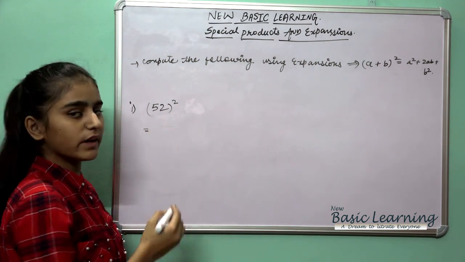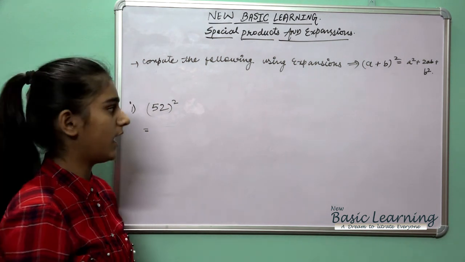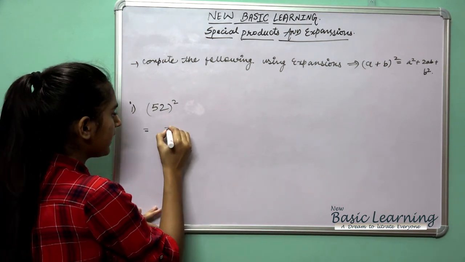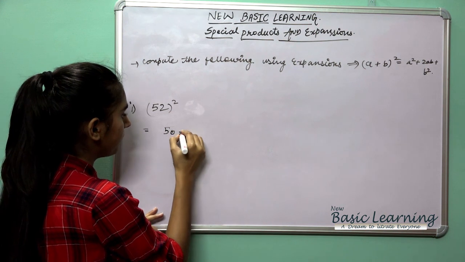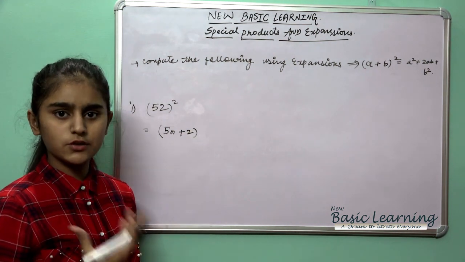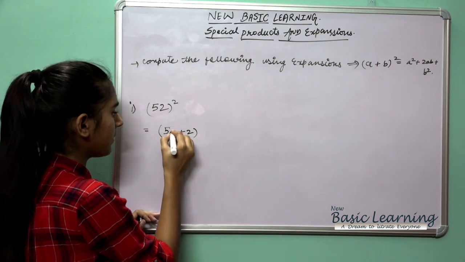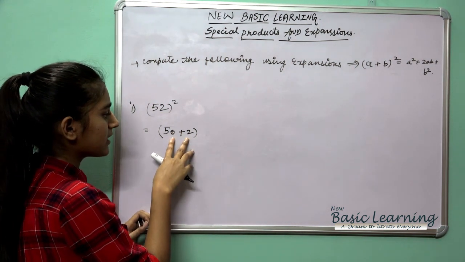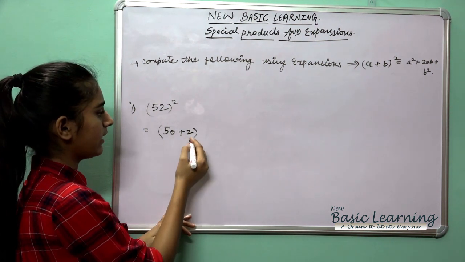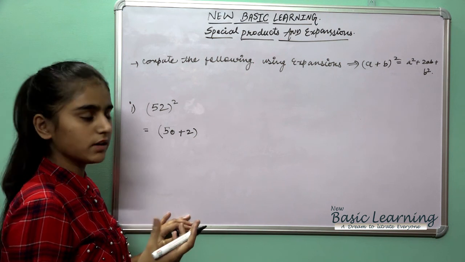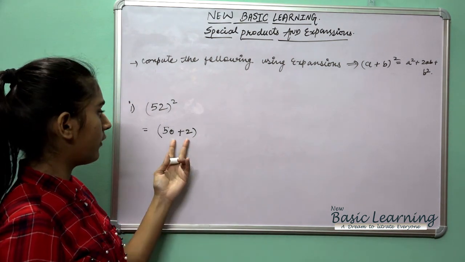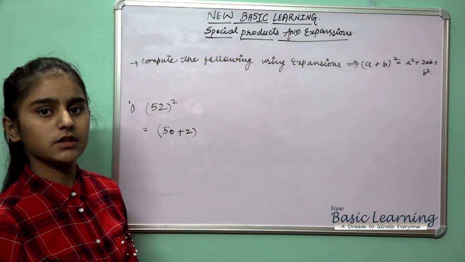That is 5 fives are 25, that gives 2500, and 2 square is 4. So you can take it as 50 plus 2. 50 plus 2 gives you 52. So I hope this part is clear to you. So we can do 50 whole square, that is 2500, and 2 square is 4. So we can calculate the following question according to this formula.